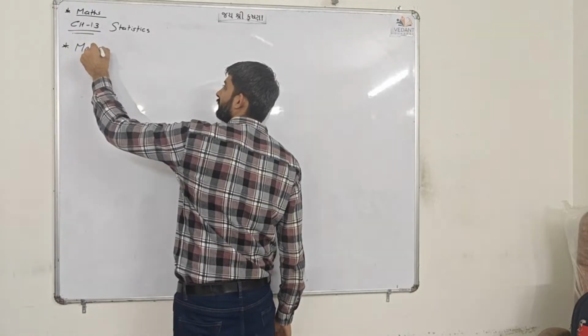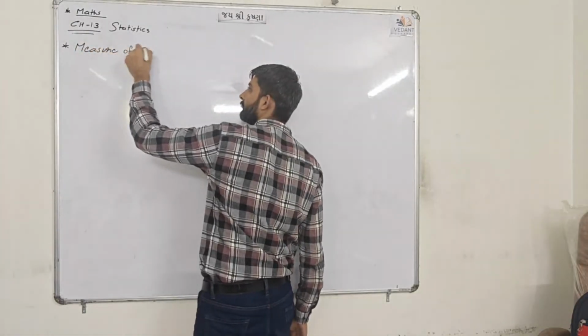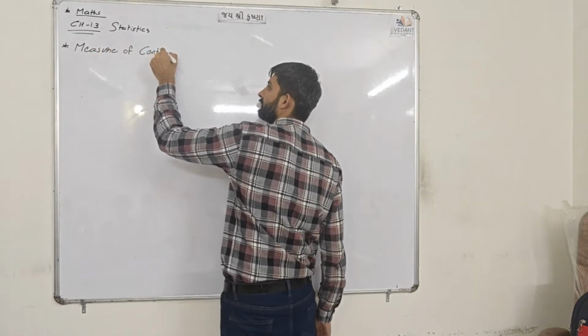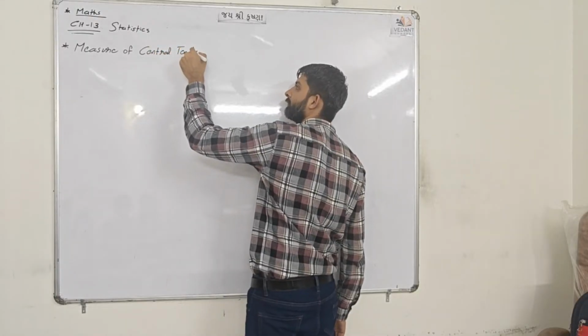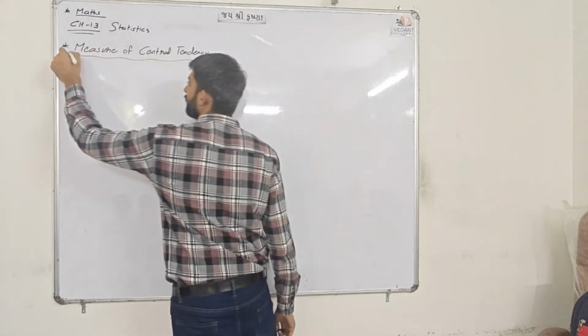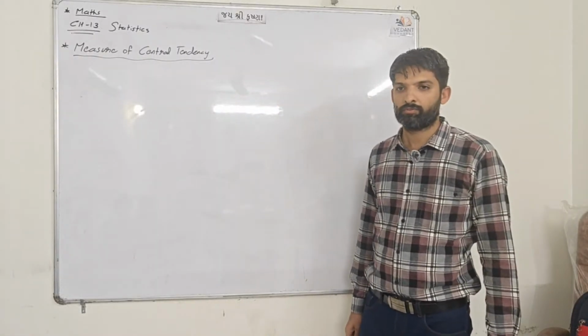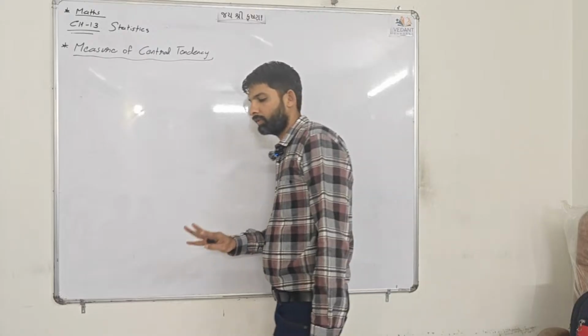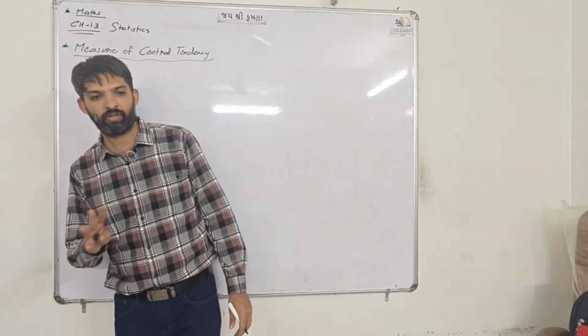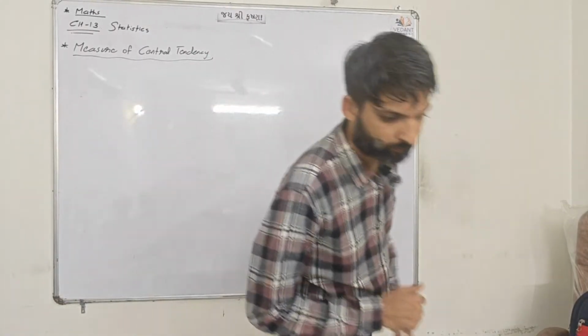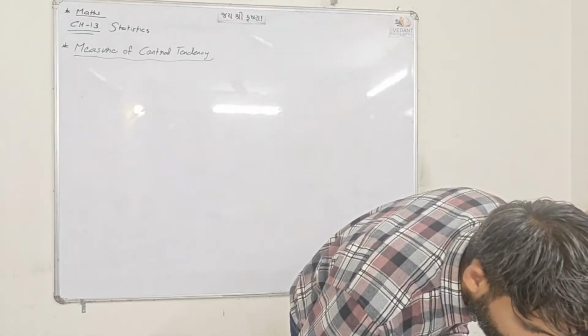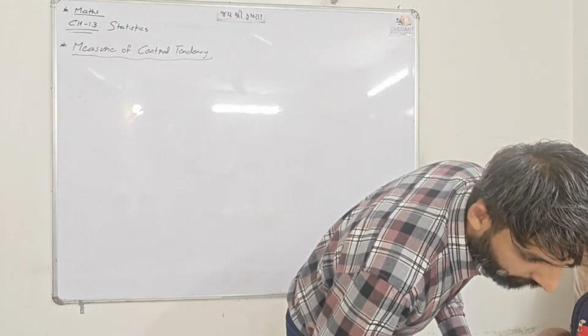First thing is we have to learn about measure of central tendency. Now what is the measure of central tendency? There are 4 things we include in measure of central tendency. Any one of you know? Collection of data.